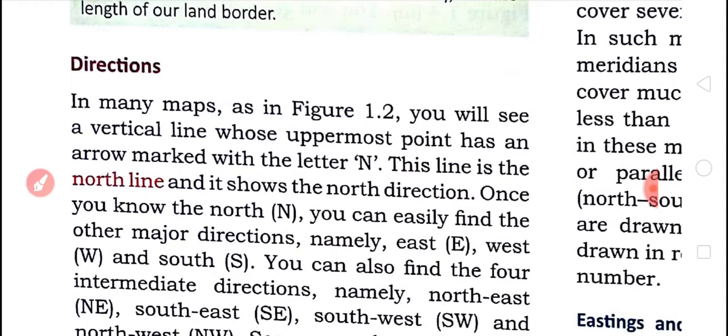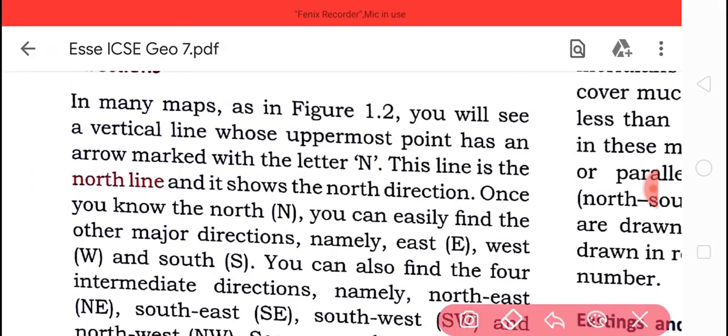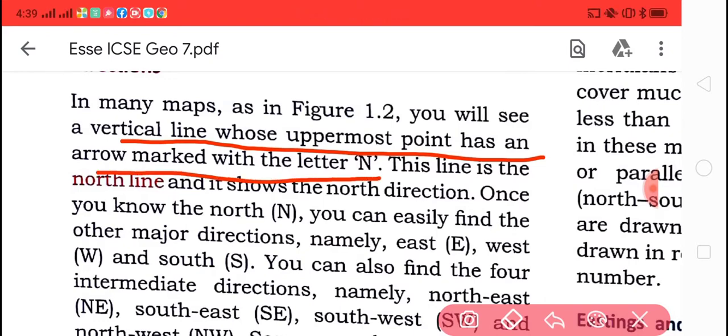In many maps, you have seen the vertical line's uppermost point with the arrow marked with the letter N. You must have seen a line on a map with an arrow marked at the top, that is north. This means this line is the north line showing the north direction.